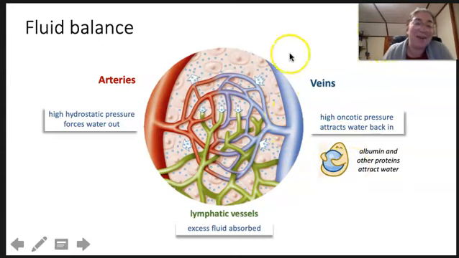All right, so soluble proteins in your blood play a big role in helping to attract excess fluid out of your tissues so that it can be drained, carried to the kidneys essentially, and released as urine, as fluid waste. Any excess fluid that's not reabsorbed into the veins gets absorbed into the lymphatic vessels.